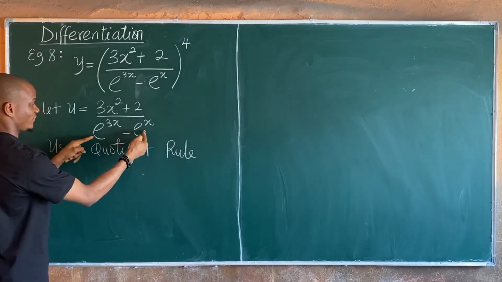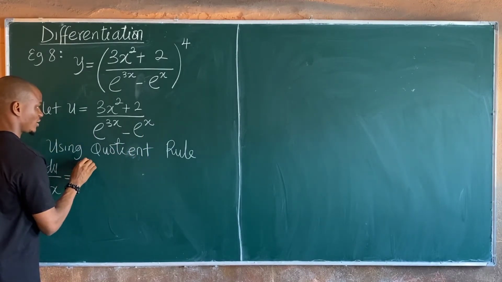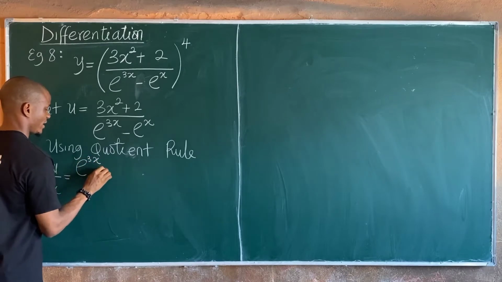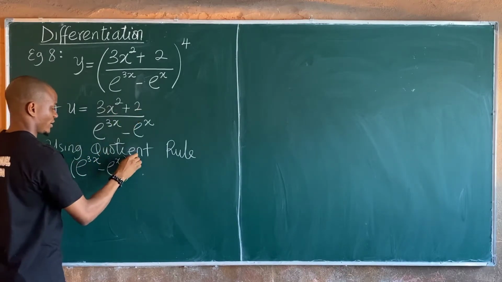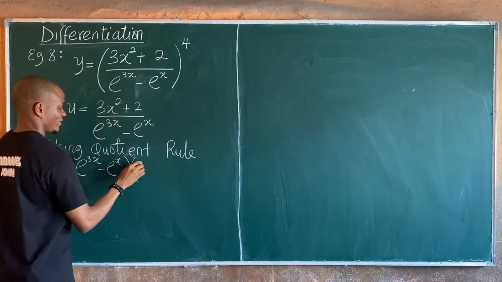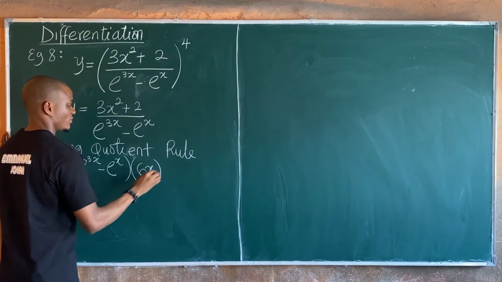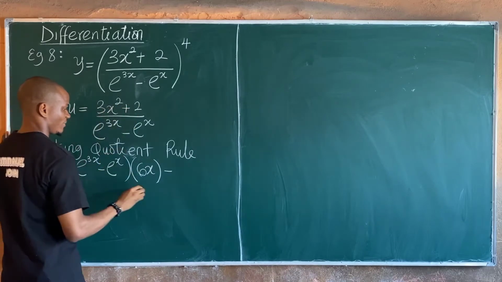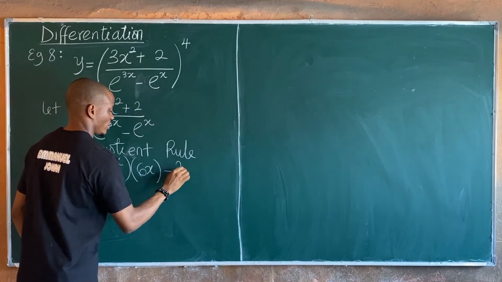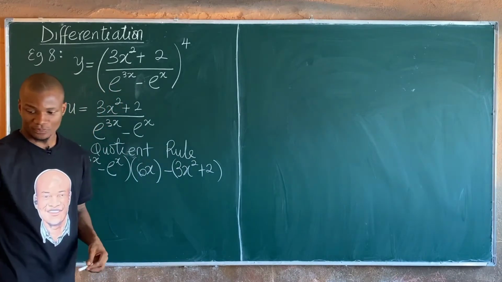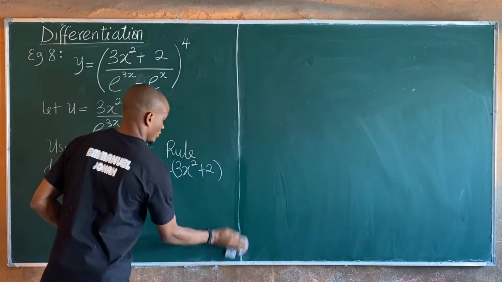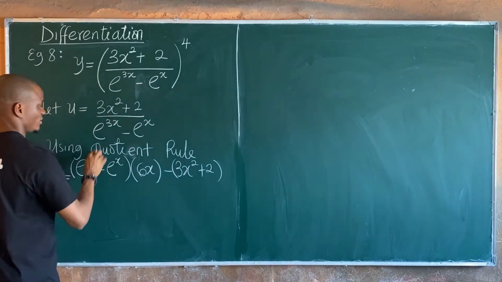So start with this first, v, exponential 3x minus exponential x, into differentiate this one here. If I differentiate this now, I'm having 6x, minus this one here, that's 3x squared plus 2 into differentiate my denominator.